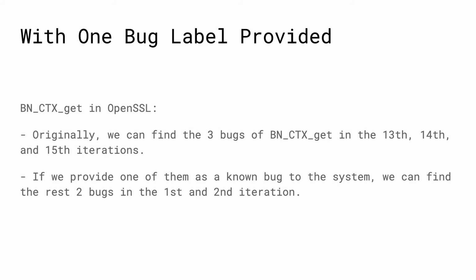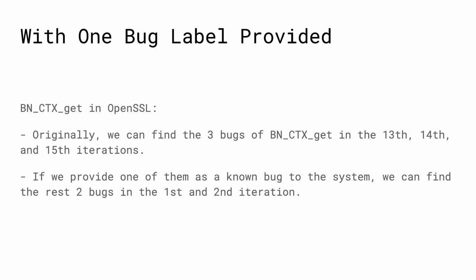We now talk about one interesting use case of our arbitrar framework. Oftentimes, people already hold one true bug as an example. With arbitrar, you can easily utilize this known bug and make the bug finding process even faster.